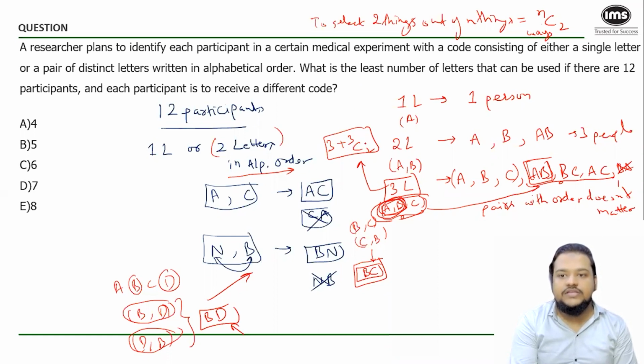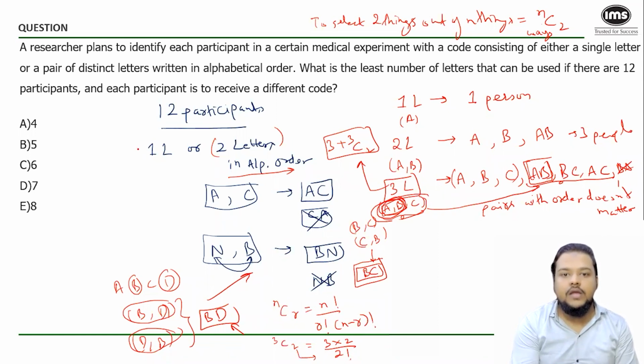I'm quickly writing out the formula for nCr. It's nothing but n factorial upon r factorial into (n minus r) factorial. A shortcut way of writing it, for example, 3C2: just write 3 factorial up to 2 terms, divide by whatever is here, that factorial. That is a shortcut.